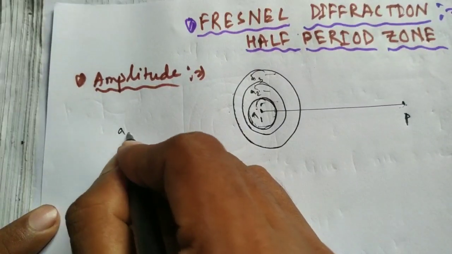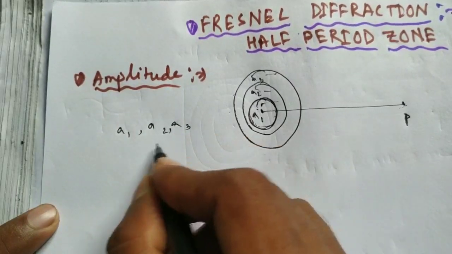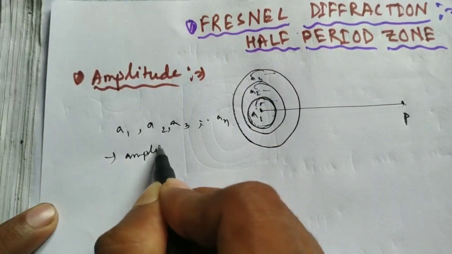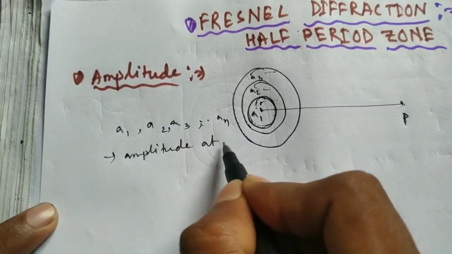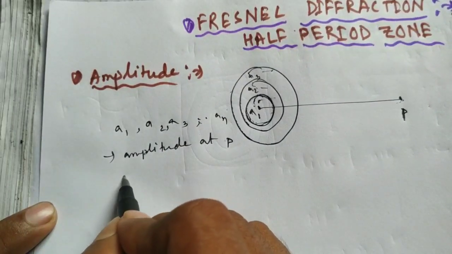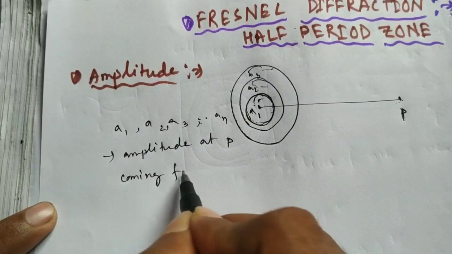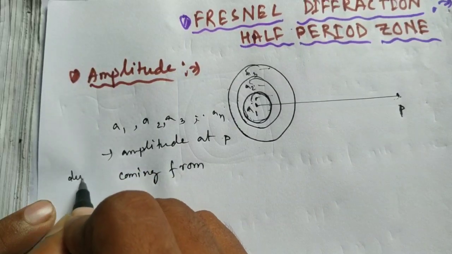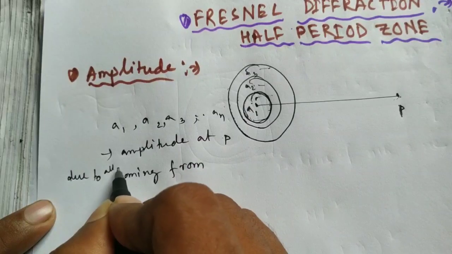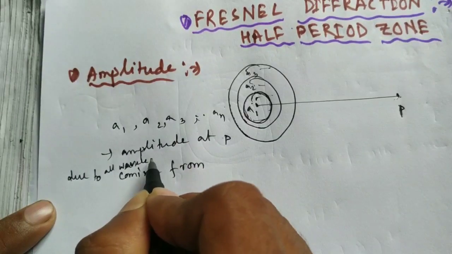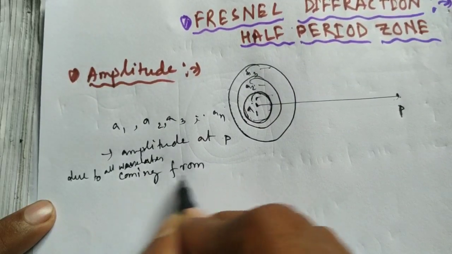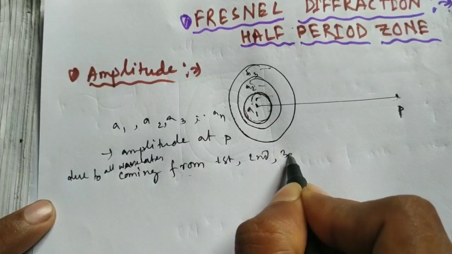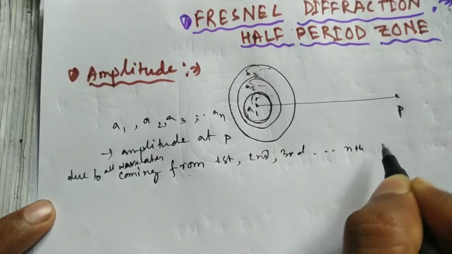So A1, A2, A3, An are the amplitudes at point P due to all wavelets coming from the first, second, third and nth zones.